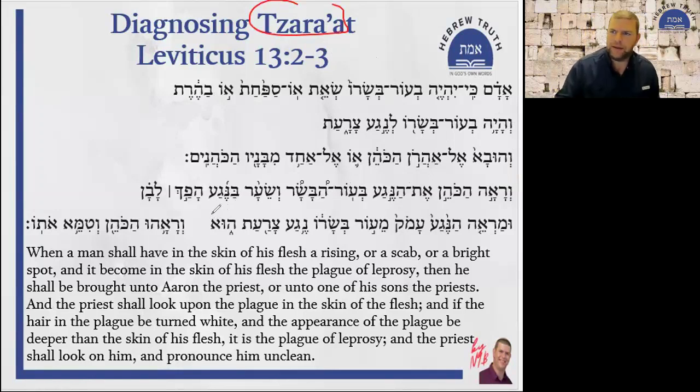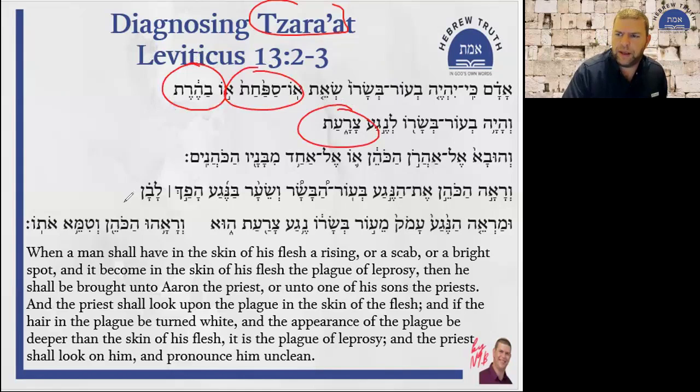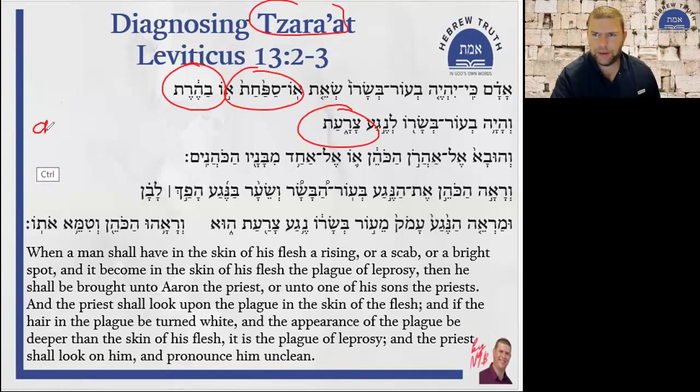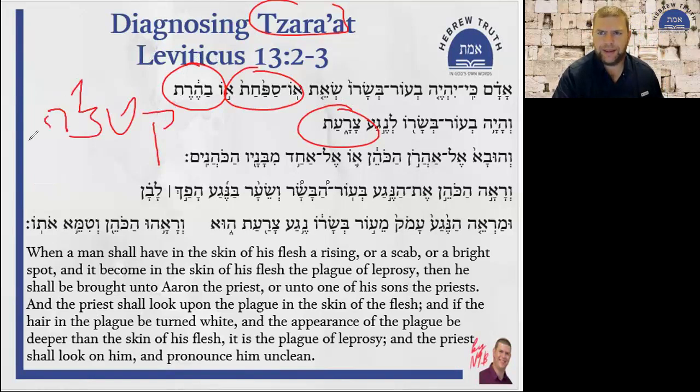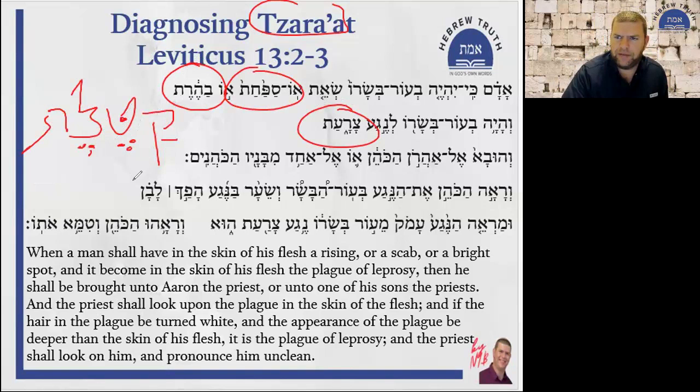Morphologically speaking, Tzara'at, pretty much like Sapachat and Baheret, is part of a very interesting pattern in biblical Hebrew that is related to plagues, okay? So we're talking about the pattern katelet, that's the basic structure of the pattern.